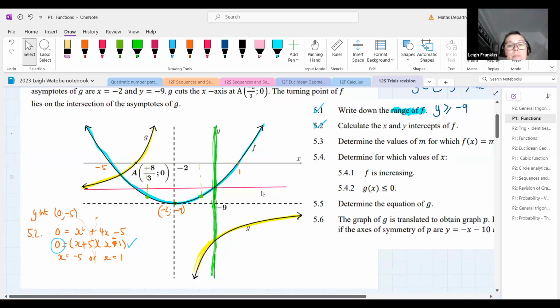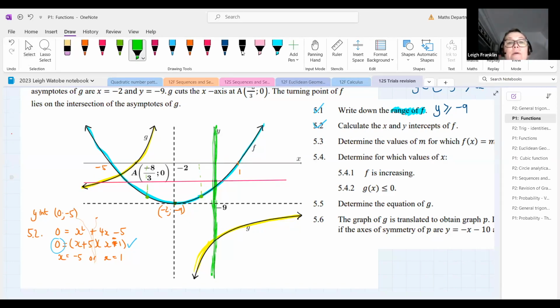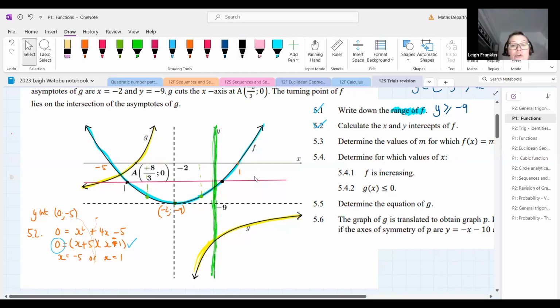If I keep moving my pink line up, I will have one positive root and one negative root. Can everybody see that? So this root here will be a positive root. This root here will be a negative root. So I cannot go higher than that point over there, where the two intersect each other on the y-axis.